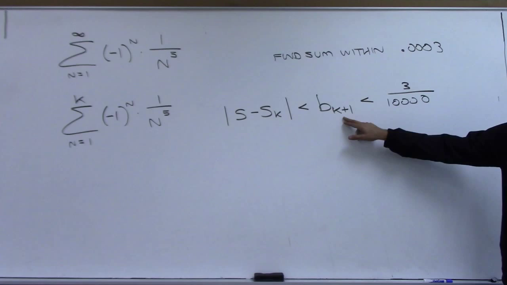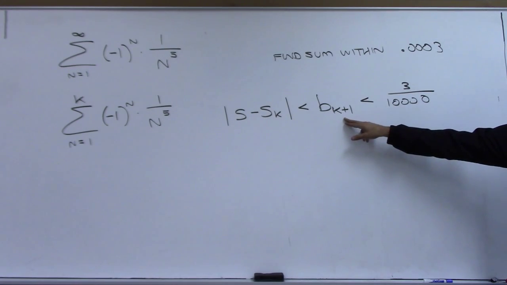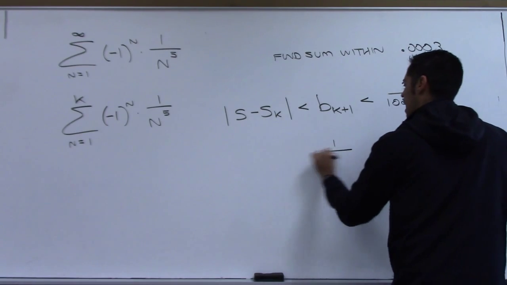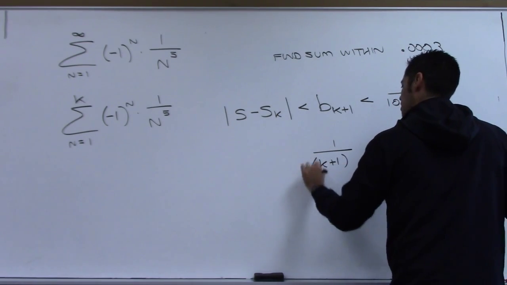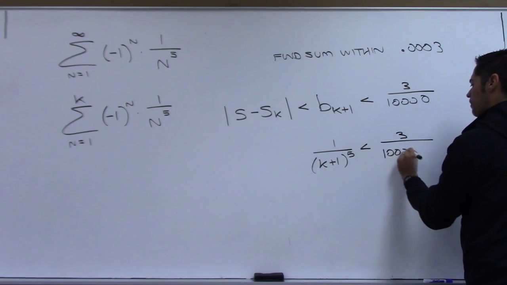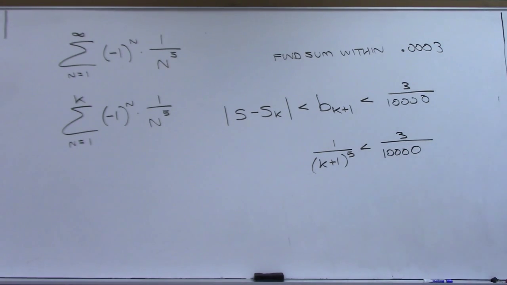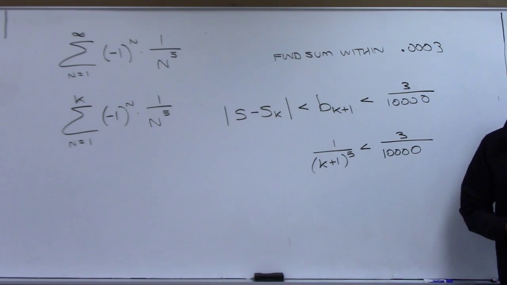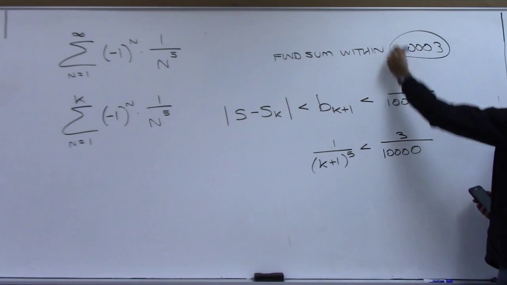What is b sub k plus 1? 1 over k plus 1 to the 5th must be less than 3 over 10,000. And here's where you could just get your calculator out and just try some values. And I think I might stick with this.